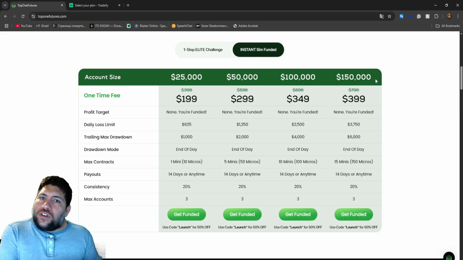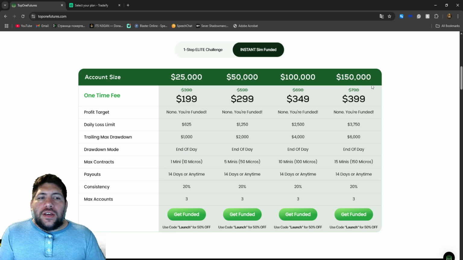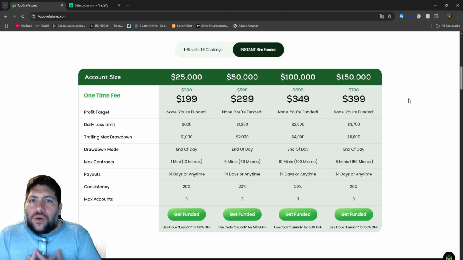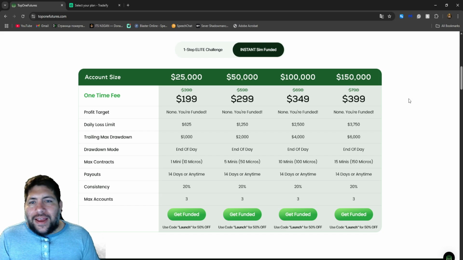Now, for achieving the 20% consistency rule with these guys, again, there is no target that you need to get to, but you essentially create your own profit target. So what I mean by that, so for myself, I'm going to trade normally the way I normally trade. I'm not going to try to make lower income just to try to get to the 20% consistency.